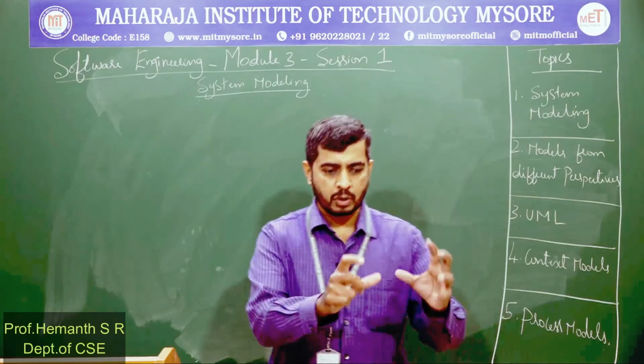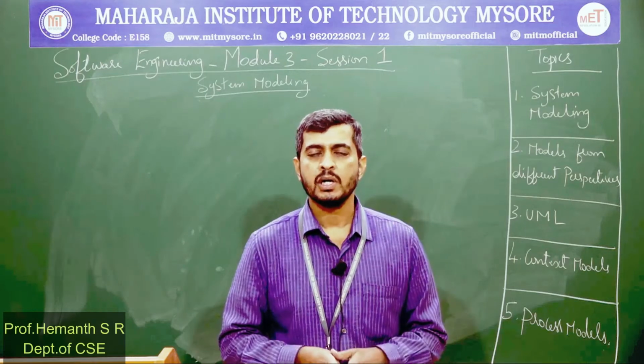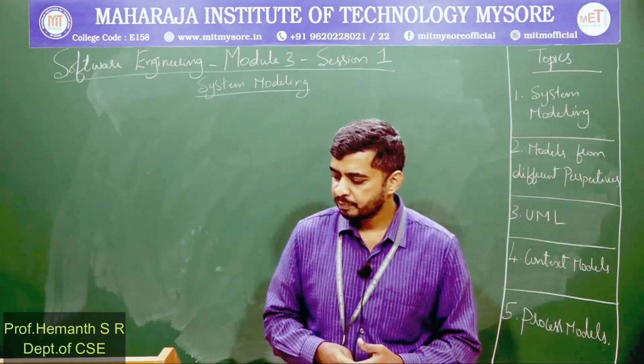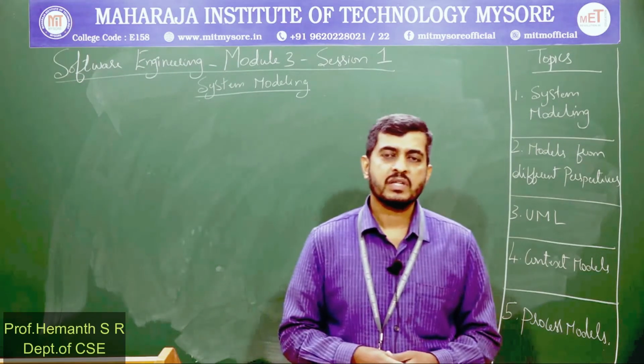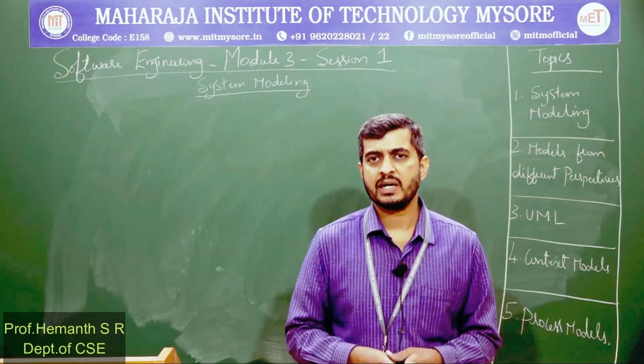So we handpick only the crucial ones, make them part of the model, and present our plans. That is how we do it. Also, the software is diverse, already we have seen this point. So modeling is at an abstract level.